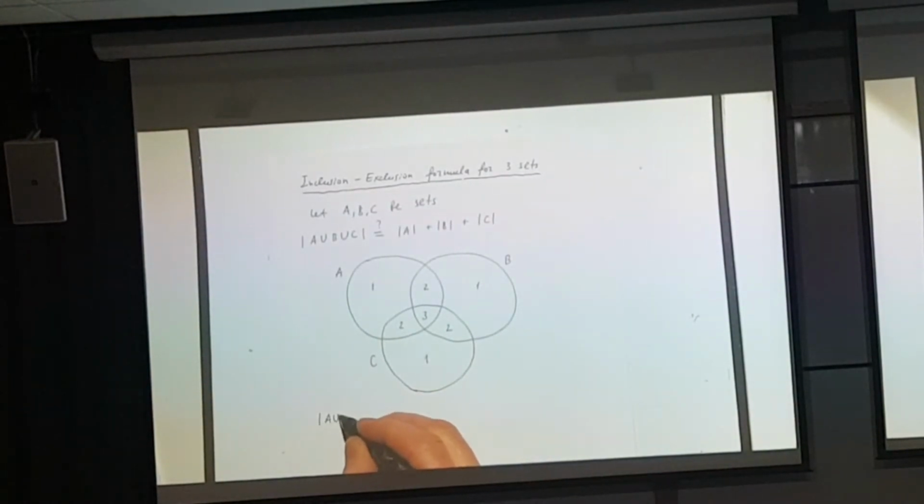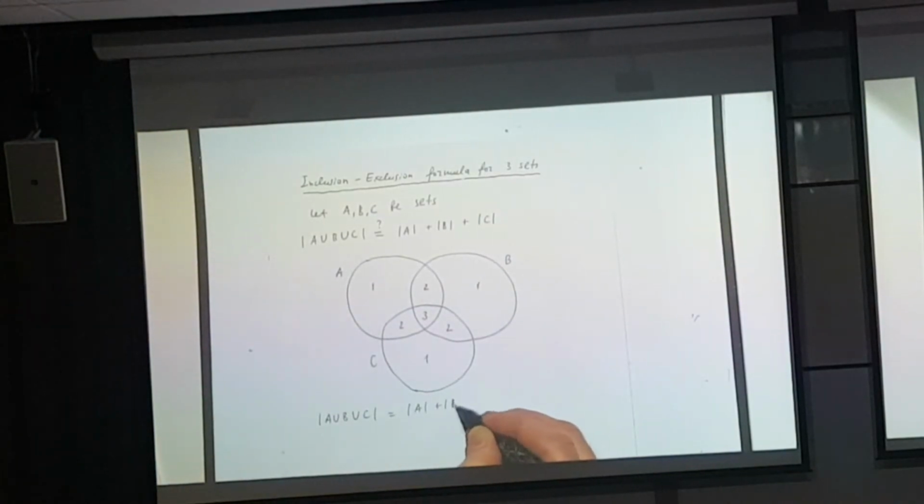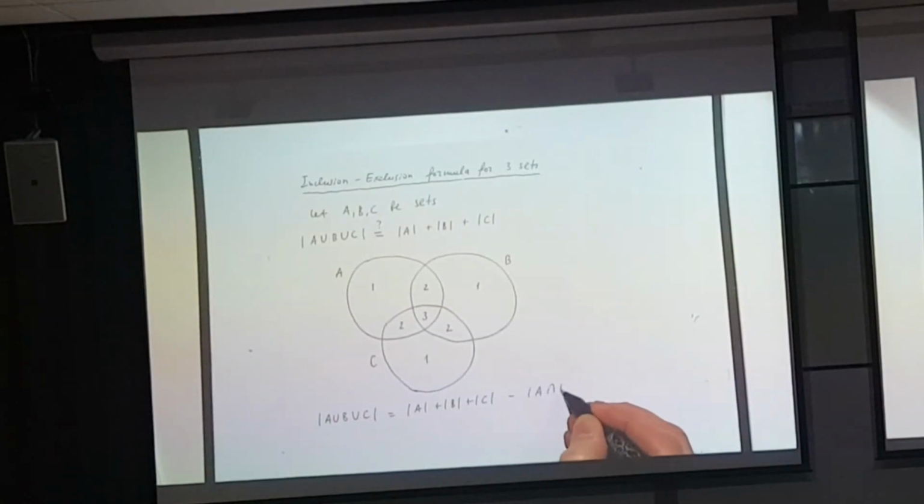So let's try this formula: number of elements in A plus number of elements in B plus number of elements in C minus number of elements in A intersection B minus number of elements in A intersection C minus number of elements in B intersection C. So let's see how that works.